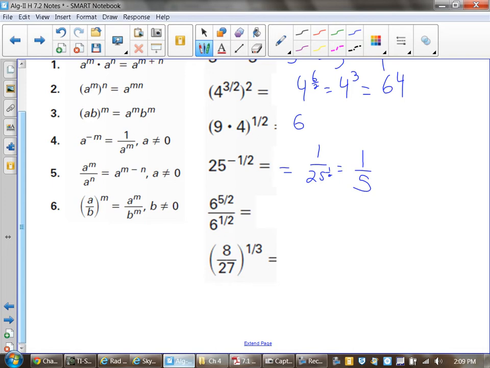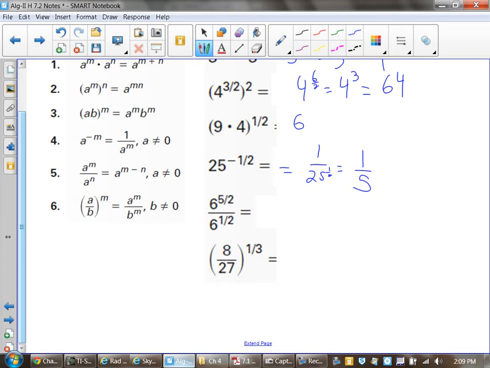Because 25 is not negative, but it's being raised to a negative exponent. It's still a negative exponent. The 25 isn't happy because the exponent's negative. It wants the exponent to be happy.